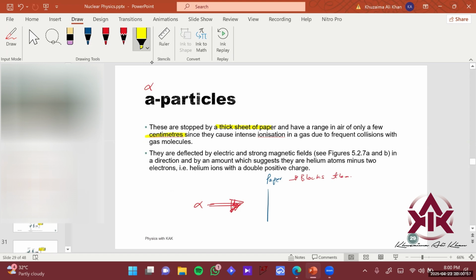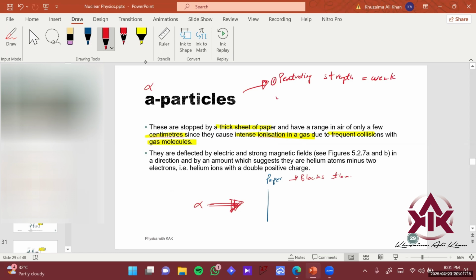They cause intense ionization in a gas, okay, due to frequent collisions with the gas molecules, right? So what are the properties here? Their penetrating power is pretty small. Their penetrating strength is weak. Why?